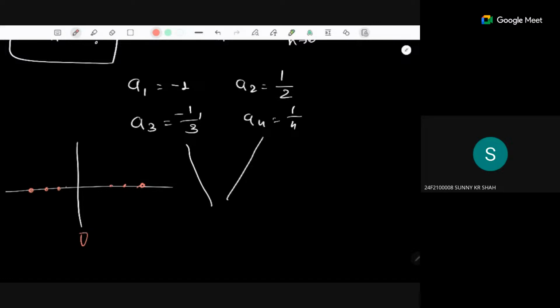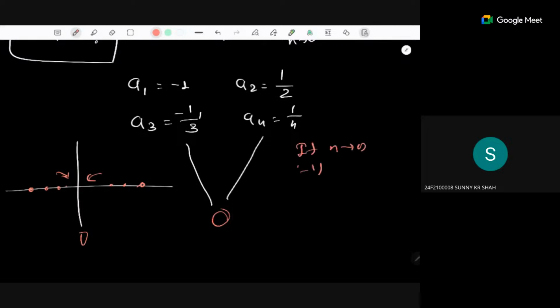But ultimately, as n goes to infinity, we are approaching 0 from both sides. The odd terms are going to 0 and the even terms are also going to 0. So as n goes to infinity, (-1)^n by n goes to 0 only.